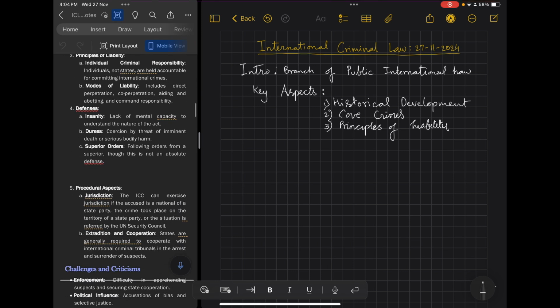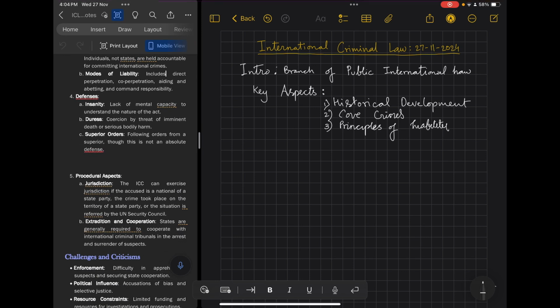Then comes defenses. So these are all key aspects for the international criminal law. Insanity, lack of mental capacity to understand the nature of the act. Duress, coercion by threat of imminent death or serious bodily harm.